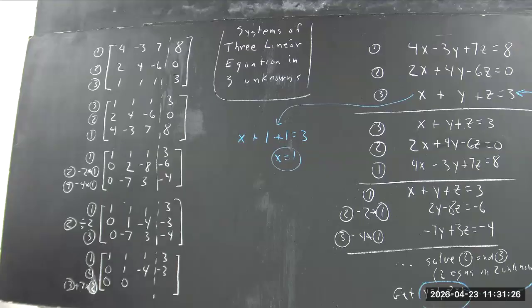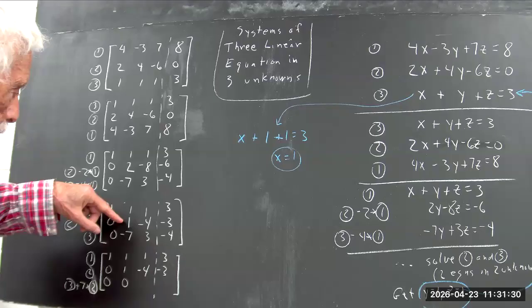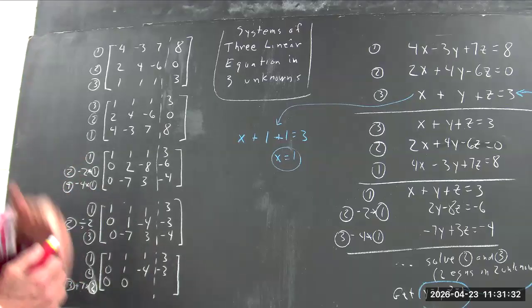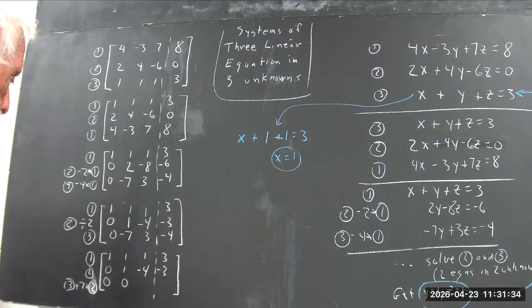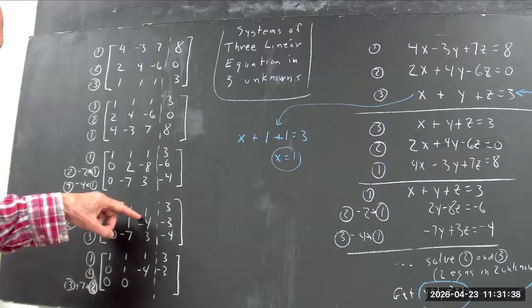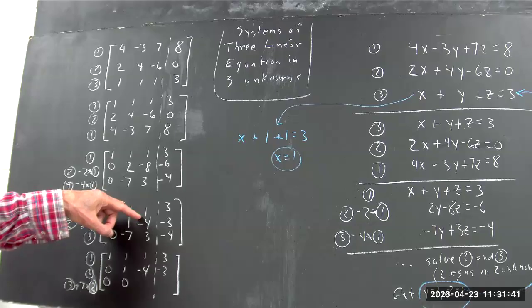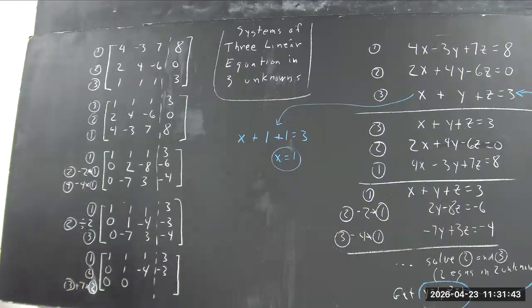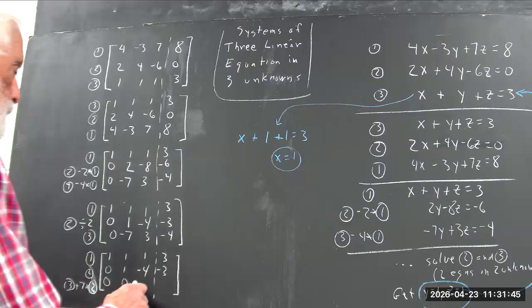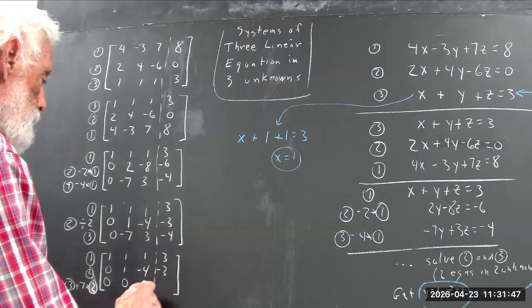Okay? So -7 plus 7 times 1 gives us -7 plus 7, that's 0. Now, we're also going to have to add 7 times -4 to 3. Well, 7 times -4 is -28, added to 3 gives us 25.